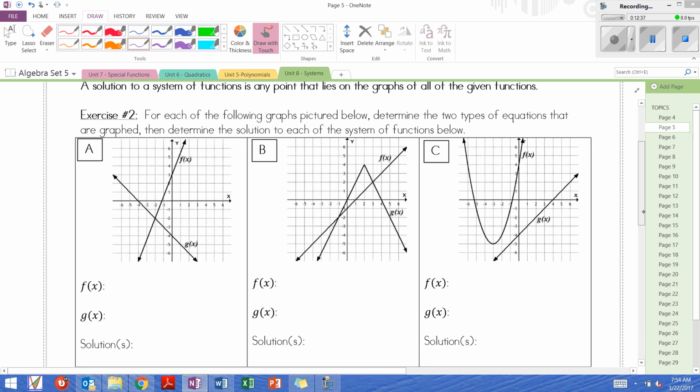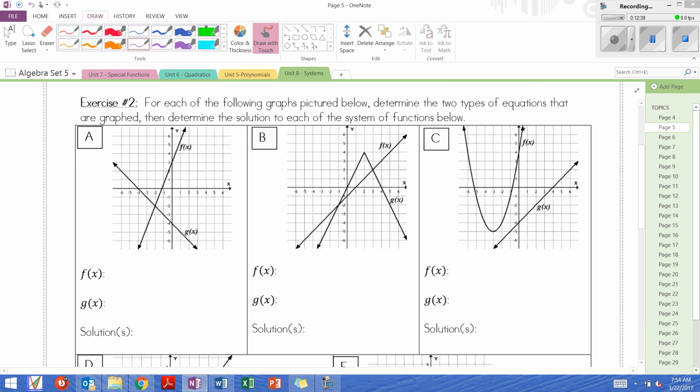But we know a solution, and let's actually just highlight that, a solution is going to be wherever the 2 functions intersect. And that is going to be the point of intersection, and we will list this off as a coordinate. All right, so A, we're looking at 2 lines, so the graph of f of x and g of x, they're both linear functions.